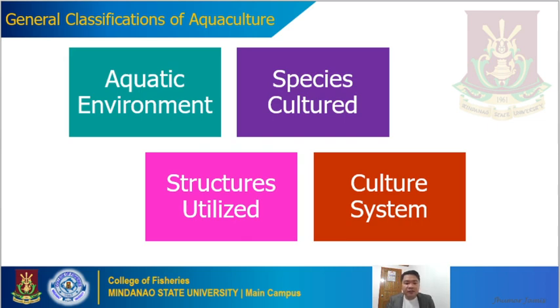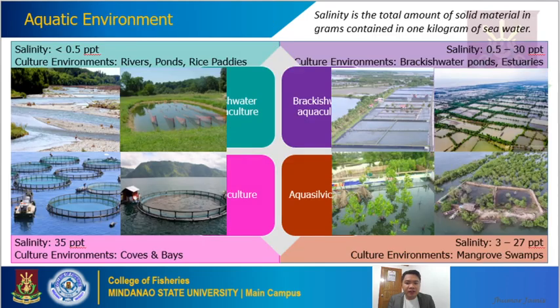So let's first take a look at the aquatic environment. So technically, the aquatic environment is mainly subdivided into four. First off is the freshwater aquaculture, the brackish water aquaculture, the marine water aquaculture, and the aqua silviculture.